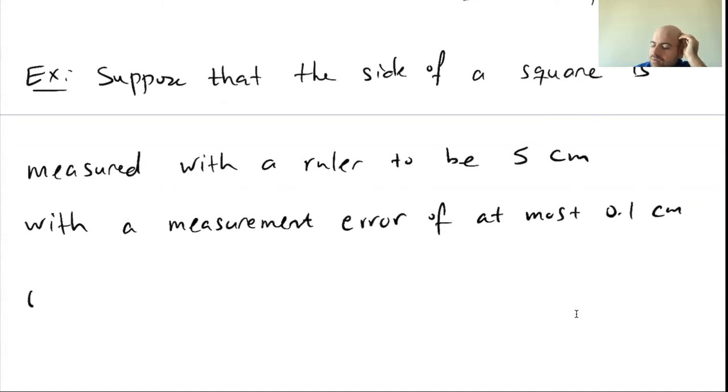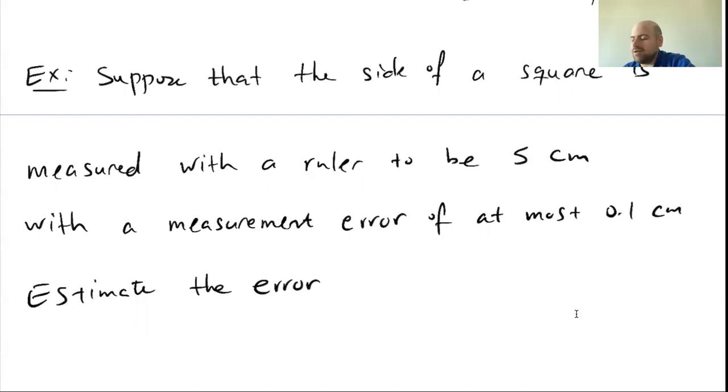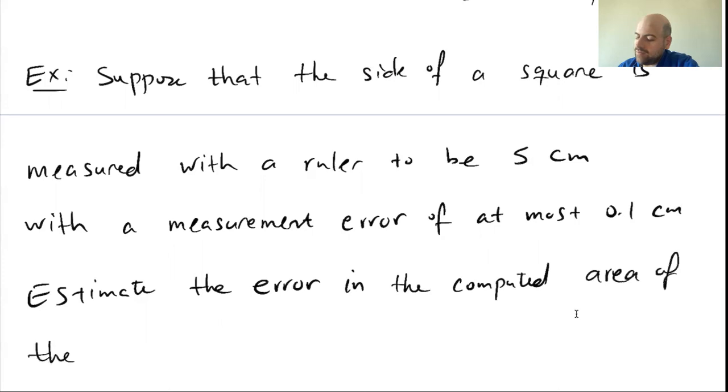Estimate the error in the computed area of the square.